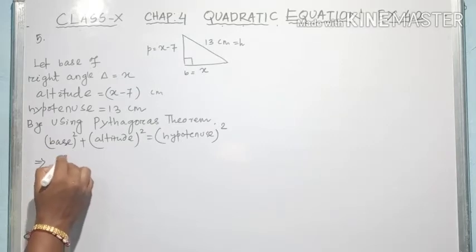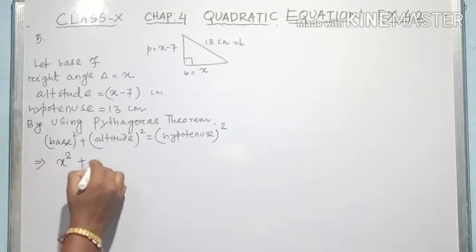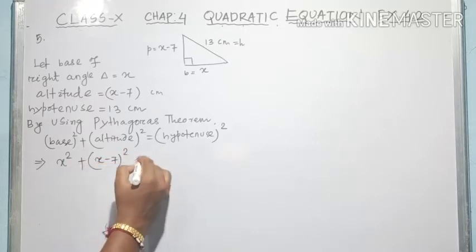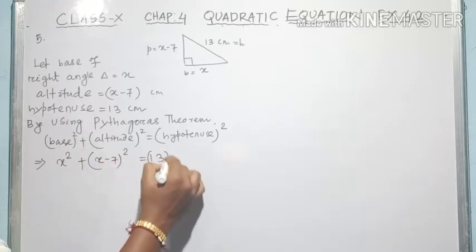Putting the values, we get x square plus (x minus 7) whole square is equal to 13 square.